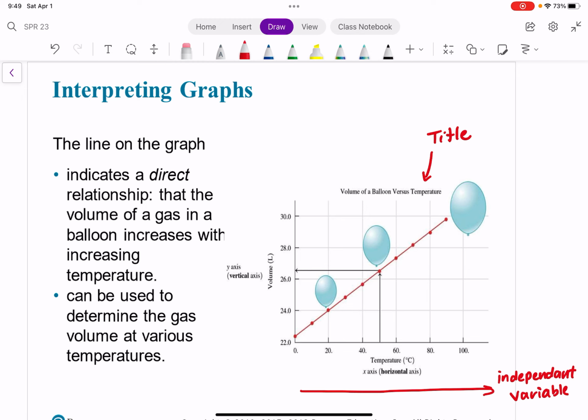So the horizontal axis is always showing your independent variable, and your independent variable is the thing that you are changing in your experiment, or the thing that is not dependent on your other variable. I said that really confusing. So let me break it down.